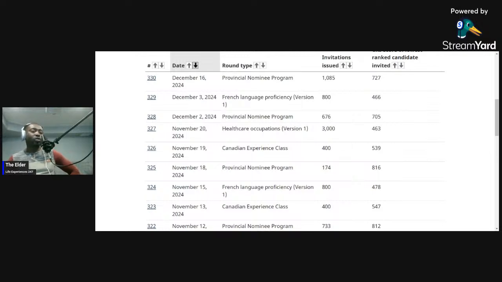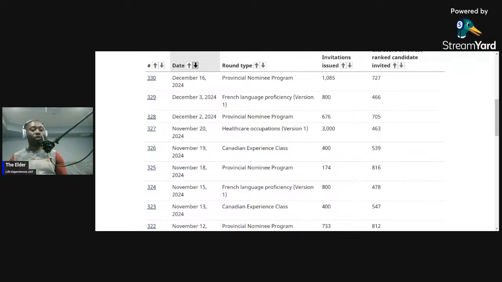And now they realize, oh, if you're a French speaker, you can easily get PR to Canada. So they say, okay, let me just explore it then. And then they come here and submit their application. So as time goes, we will be having people with more than the 466 also submitting their applications.